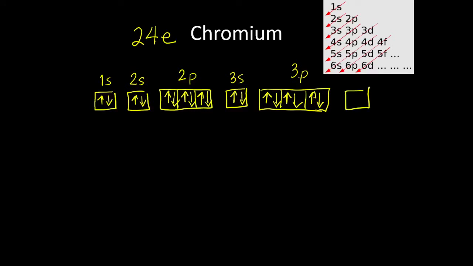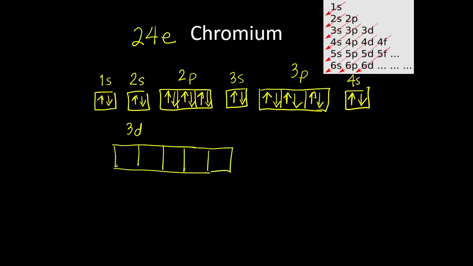Unsay sunod ni 3p? 4s. 18, 19, 20. Unsay na sunod ni 4s? 3d. Okay, let's have 3d now. We have 1, 2, 3, 4, 5. Pila ka arrows ibutang nako ni 3d?